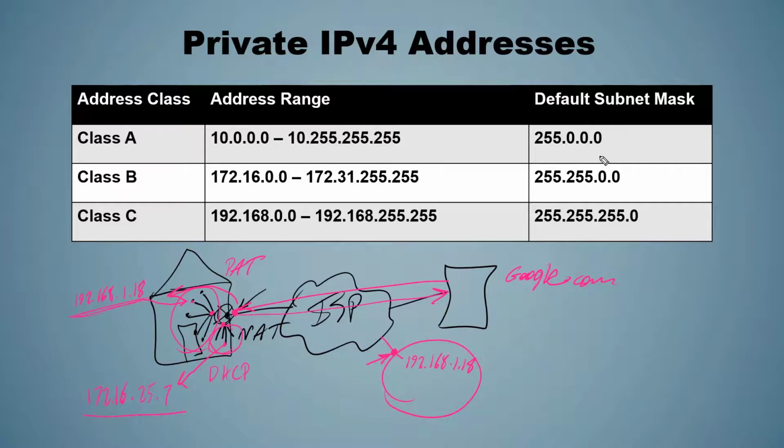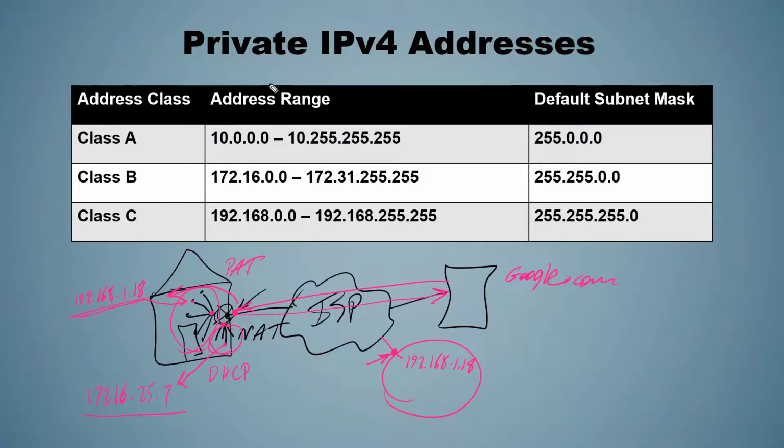The private IP address range for class B is here, as we can see, and the default subnet mask. For class C, as we can see here, and the default subnet mask. So any of these IP addresses we use, we don't need to pay for. They are known as private IP addresses and are reserved for private use, for intranet communications, internal networking communications.